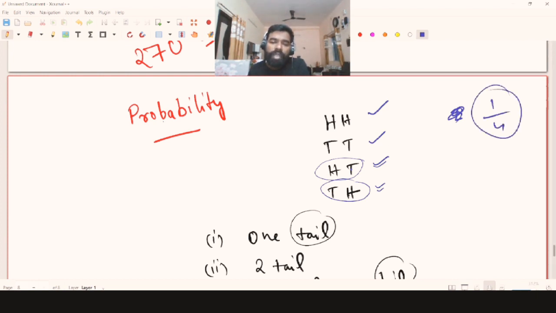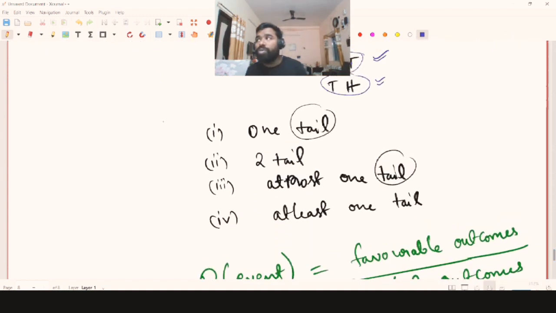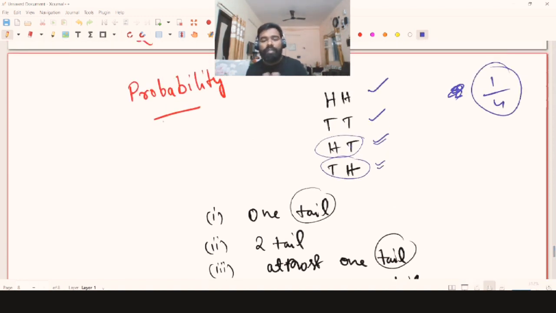And then, at most one tail. At most one tail means it should be one at the maximum. Not more than one. Max to max you should have only one. You cannot have more than one. So if you search for such cases, maximum one tail, you have this one tail, this one tail, and this one no tail.